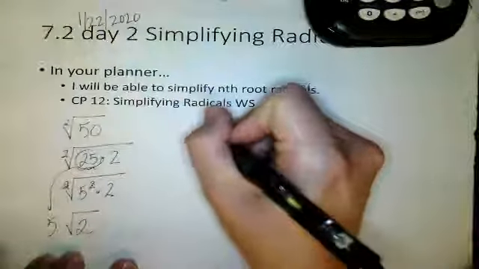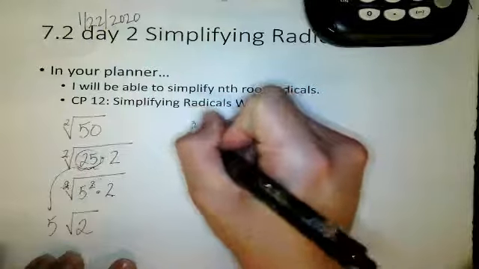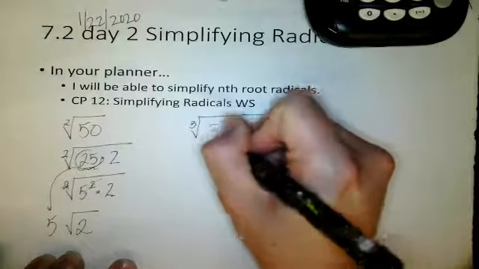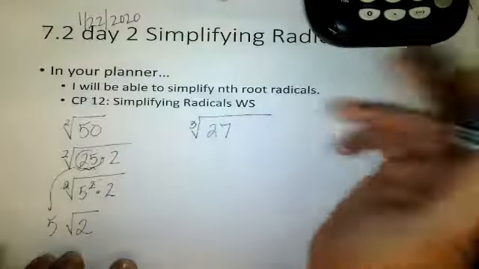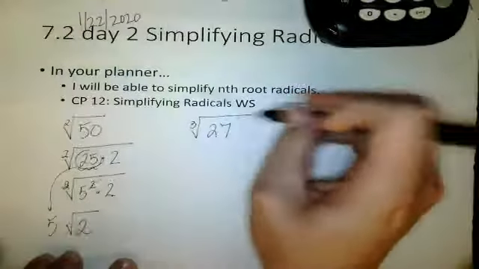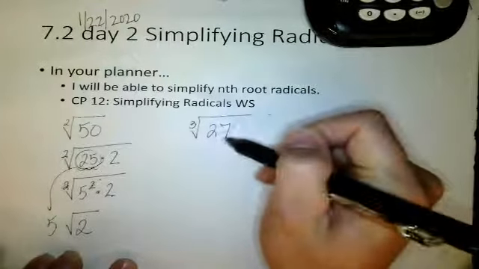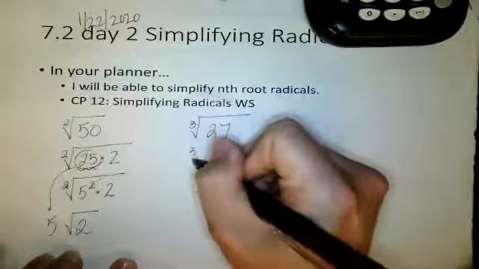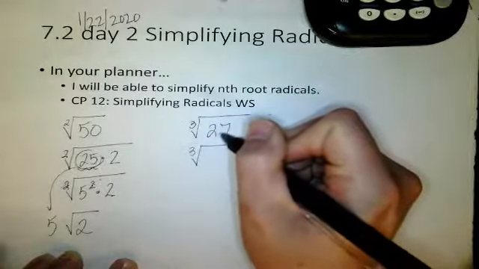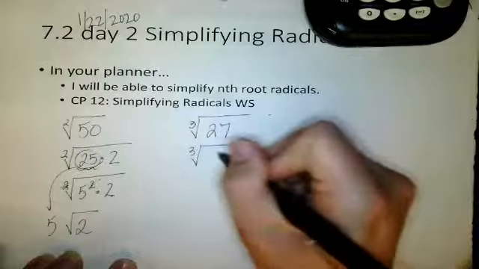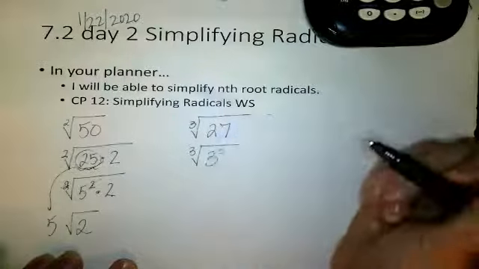So the same is true for something like a cube root. If I asked you what's the cube root of 27, well, we could try and simplify 27. What times what is 27? 3 cubed.